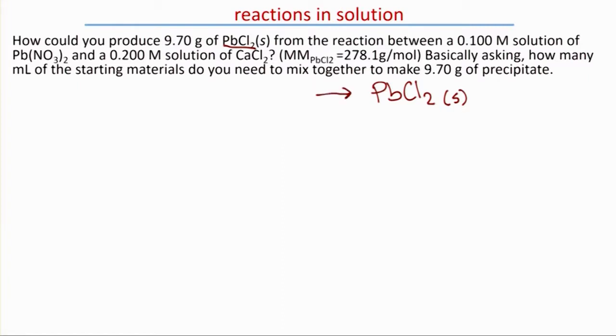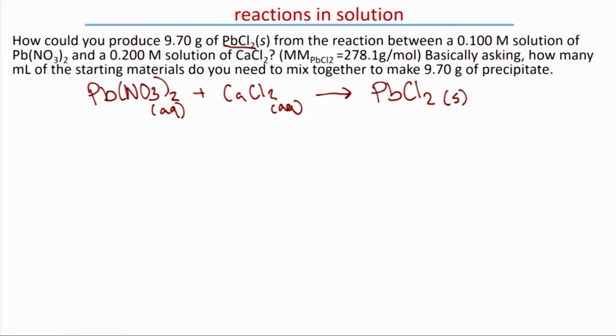We are going to have the lead II nitrate, and this is a solution, all right? We're given a concentration, so its state is going to be aqueous. And we're also given a solution of the calcium chloride, so that's also aqueous. And then we form our precipitate.